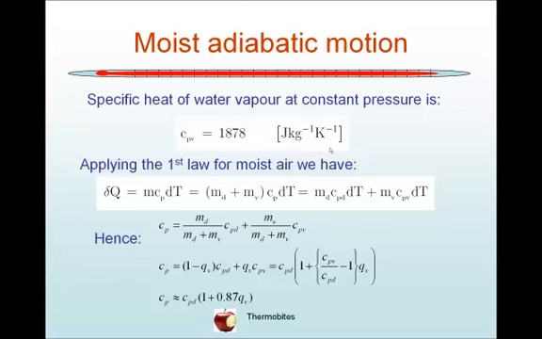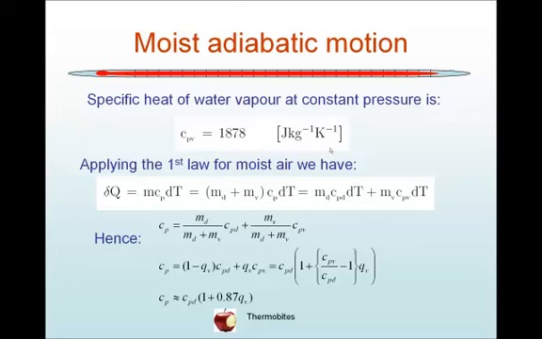And it's straightforward to show, and I'll leave that as an exercise for you, that md on md plus mv is 1 minus qv. And so we have a more simplified expression that Cp, the specific heat of the moist air, is equal to (1 minus qv) Cpd plus qv Cpv. You can see straight away as qv goes to 0, that is, our parcel becomes dry, then Cp is equal to Cpd, the dry gas specific heat.